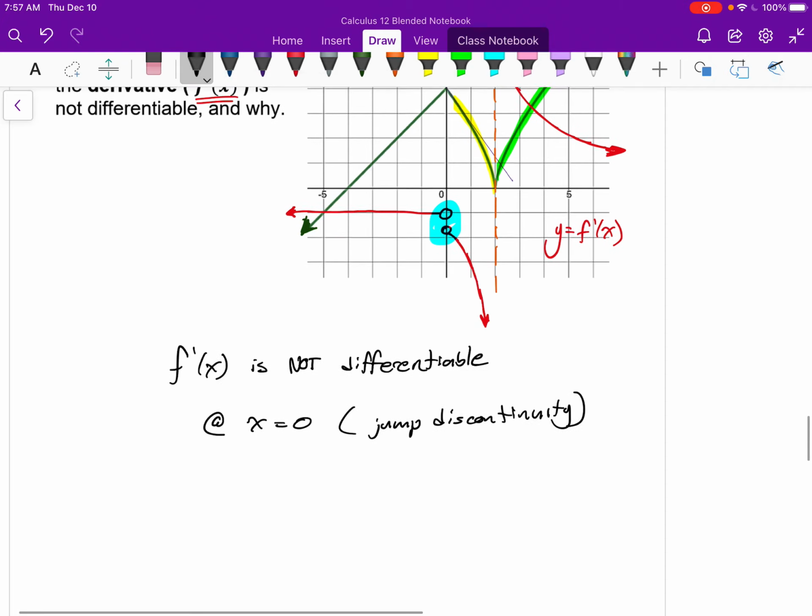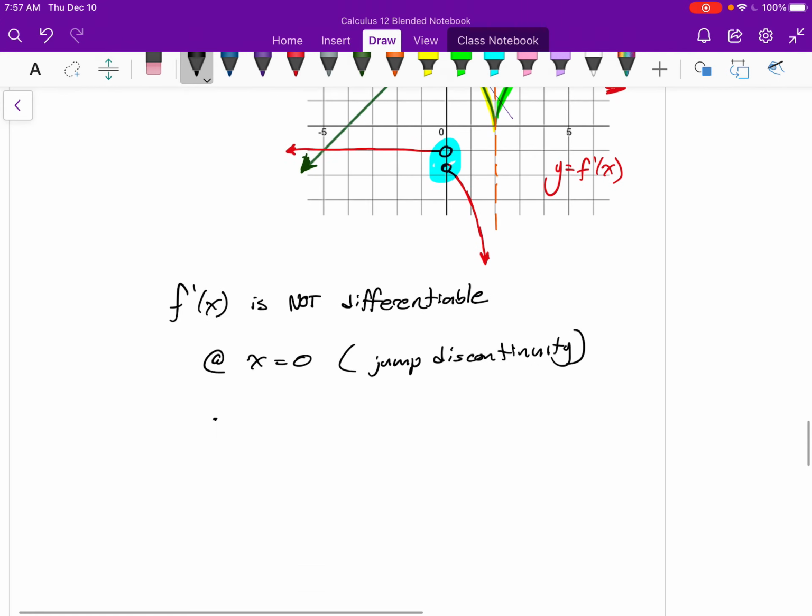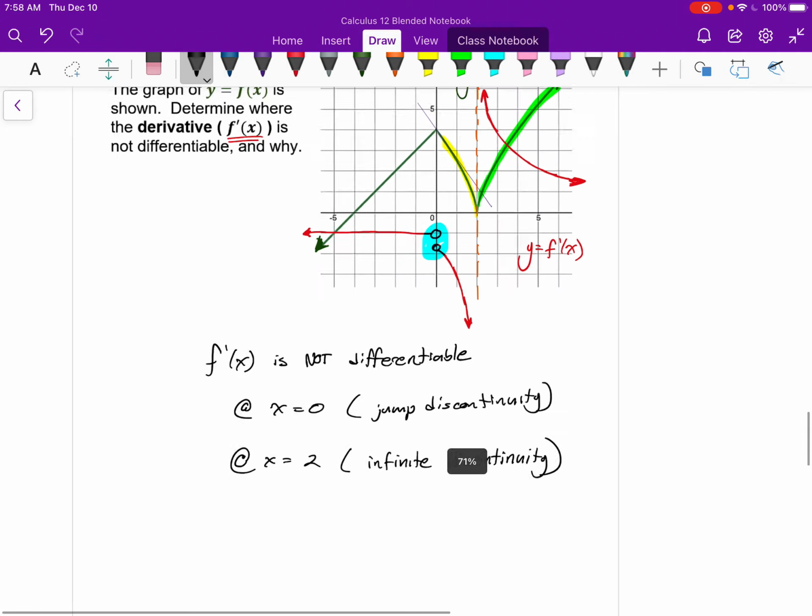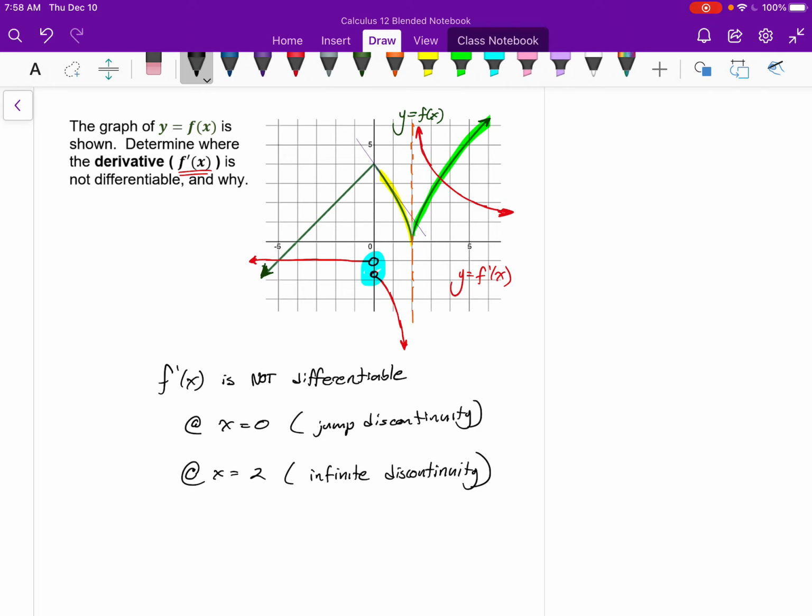And at 2, because there's an infinite discontinuity. But everywhere else, I know f prime of x must be differentiable. All right, so that's it. Tricky things here, as to be expected.